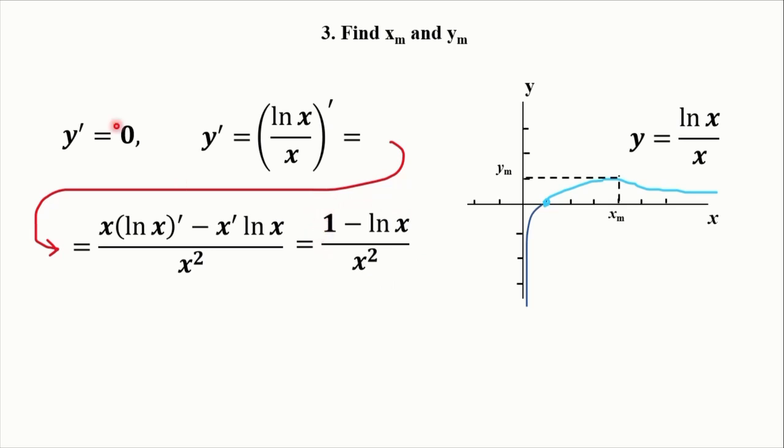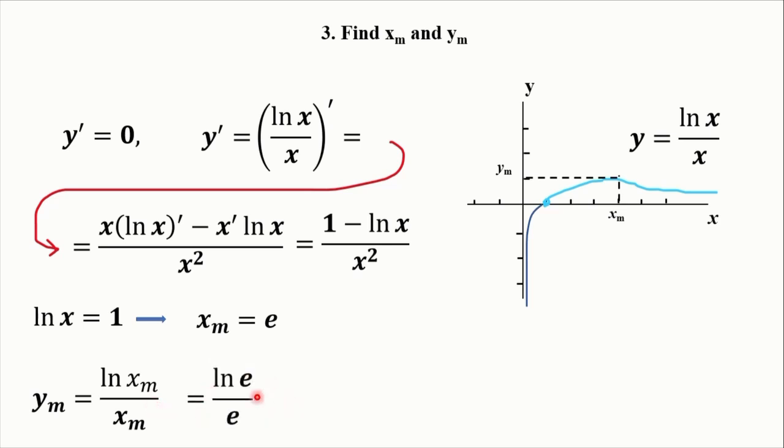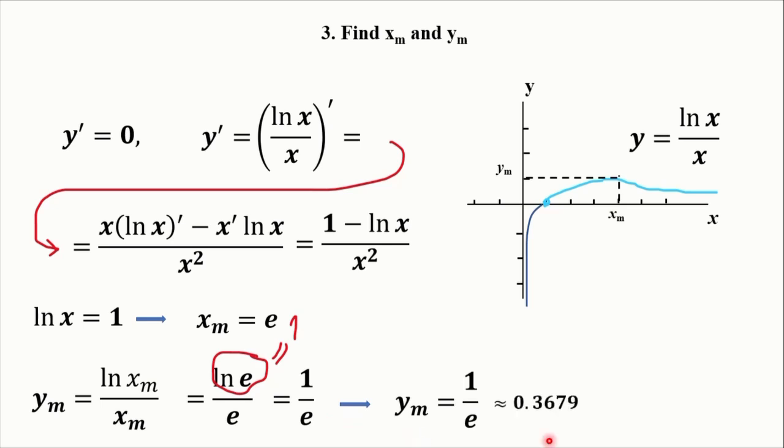To be 0, we need to find the root of this equation, and here xm equals e. To find ym, we plug this answer into the function. We get this expression. ln e equals 1, so we have ym equal to 1 over e, or approximately this number.